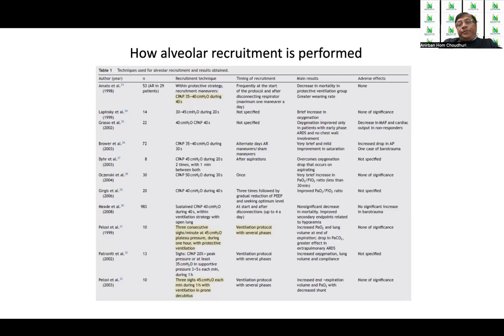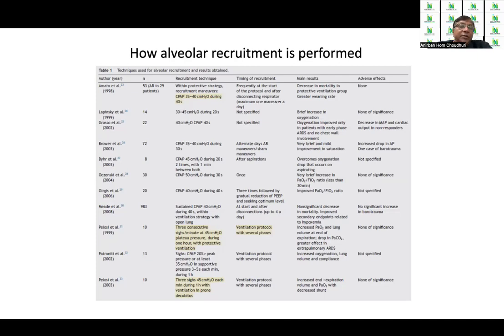There was an observed decrease in mortality in the protective ventilation group and a greater weaning rate initially in the Amato trial without any adverse effects. But these results were not reproducible in other studies. Many people also changed the duration; some applied 35 to 40 centimeters for slightly less time, hoping that the side effects would be less.